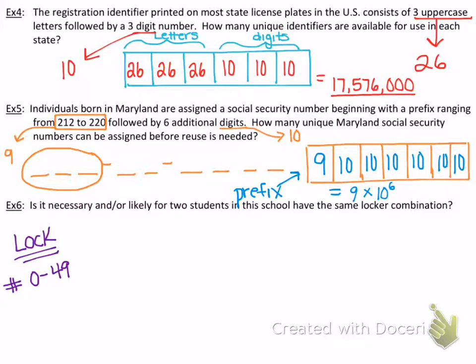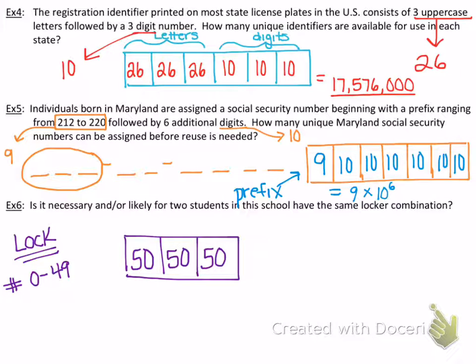So out of the 3 numbers, we have a choice of 50 numbers because we include 0. If we can repeat, we have 50 for the second, and 50 for the third. When you multiply that, you get 125,000.